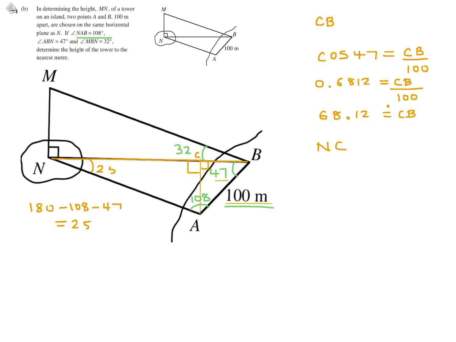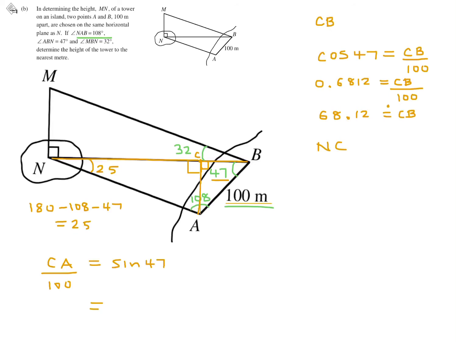I'm going to use trigonometry next to figure out this distance right here, CA. I think that's probably better before NC. CA is pretty simple. You'll use sine of 47. The sine of 47 is opposite over hypotenuse, so CA over 100.